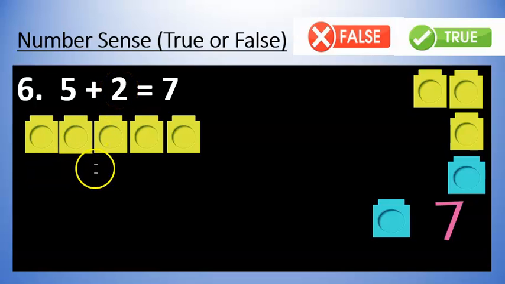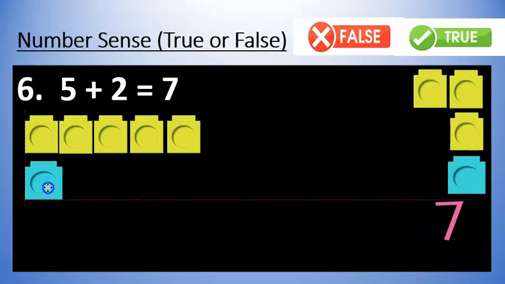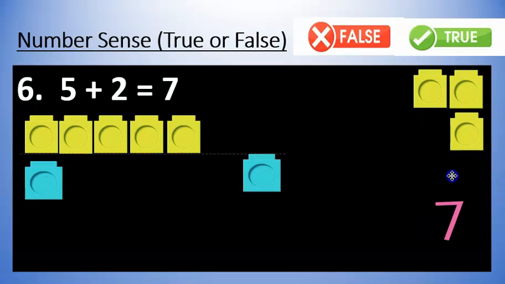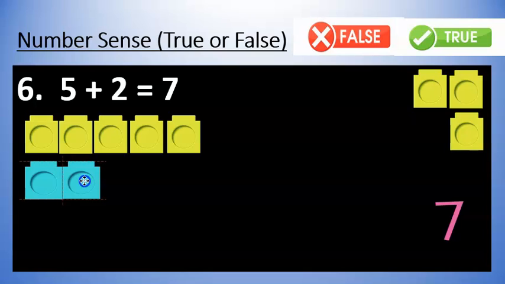So how many cubes do we need down here? 2. So let me grab 2 of these blue ones. So those 2 represent that number 2 right here, okay? 1, 2 is that number 2. 1, 2, 3, 4, 5.